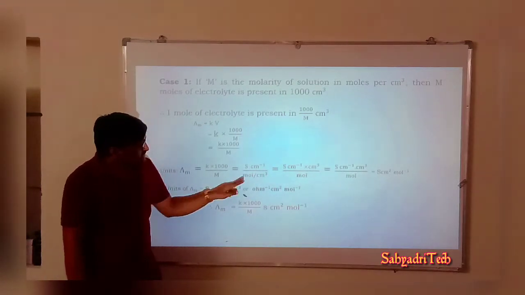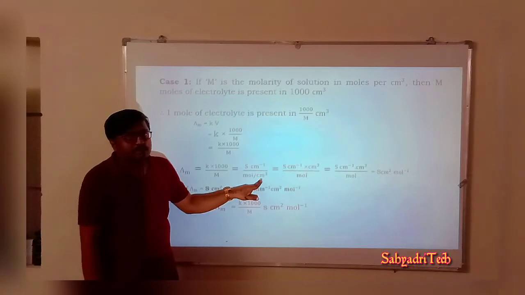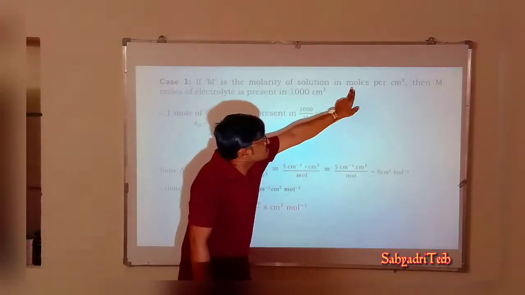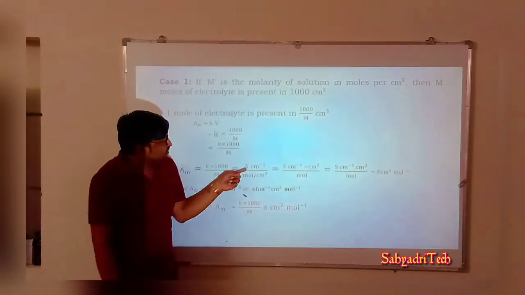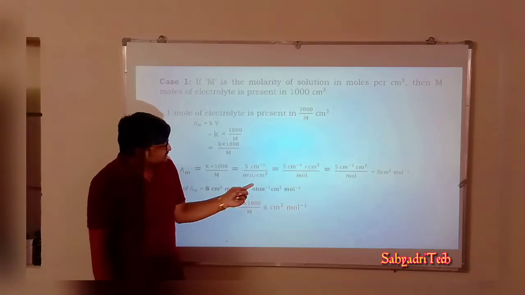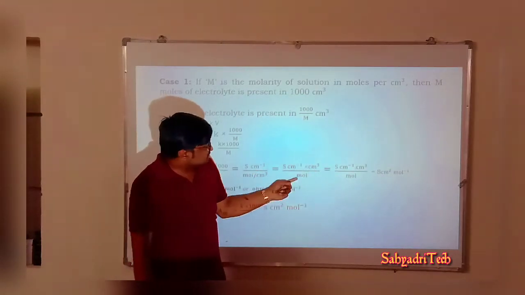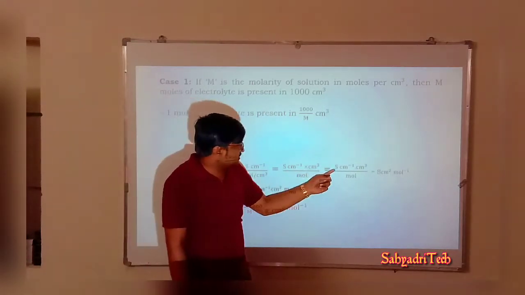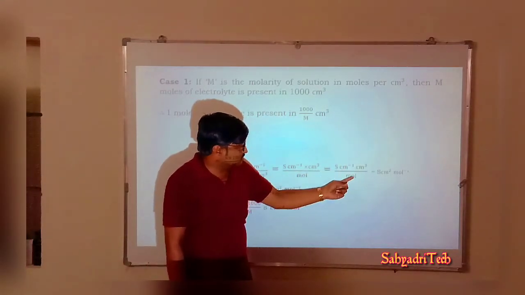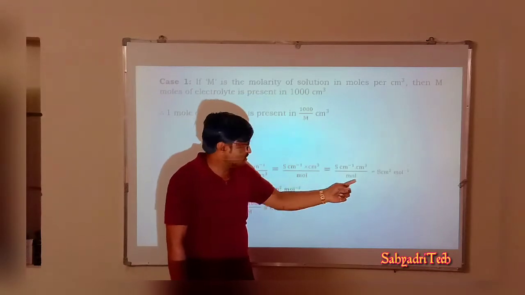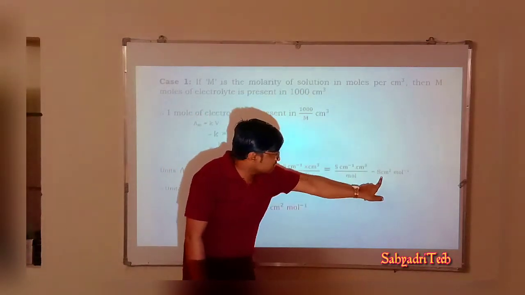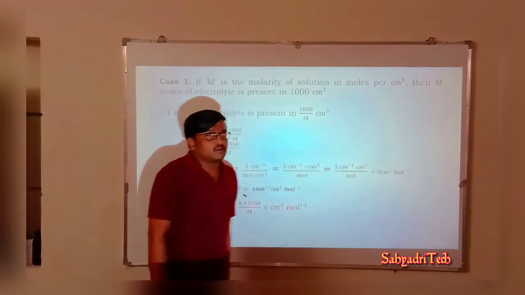Molarity, how is it expressed? Moles per centimeter cube. Now Siemens per centimeter, with centimeter cube taken to the numerator and mole remaining as it is, gives Siemens per centimeter cube divided by mole. So overall, what is the unit? Siemens centimeter square per mole.